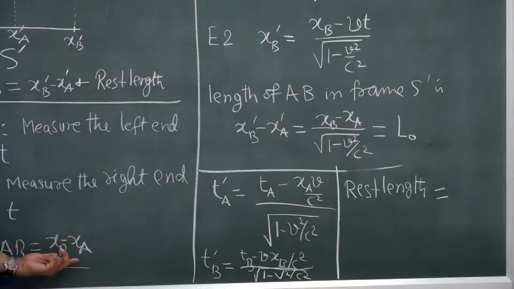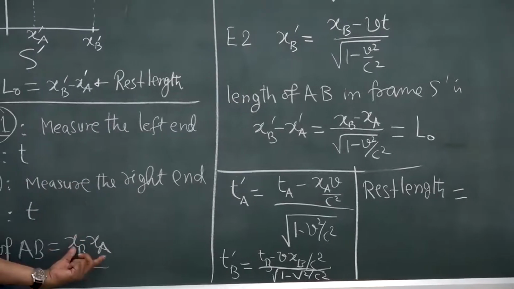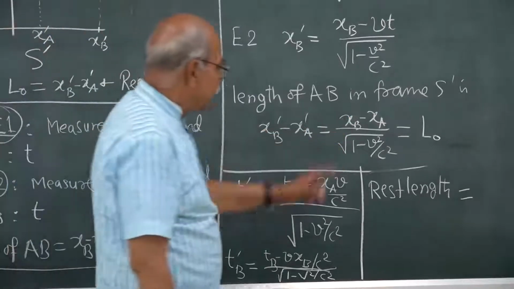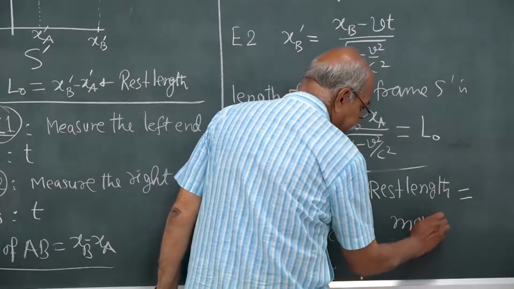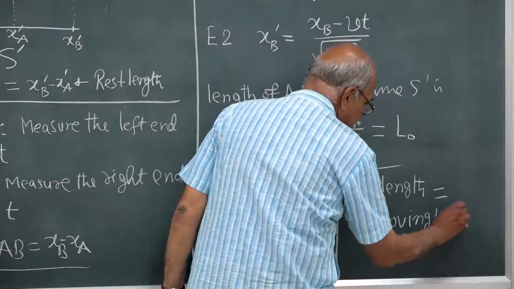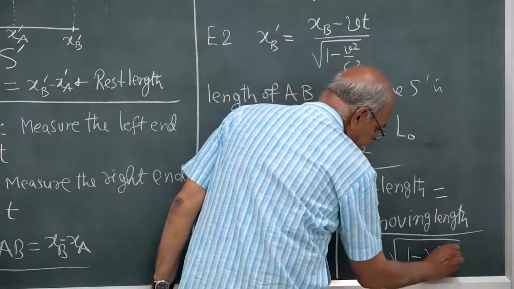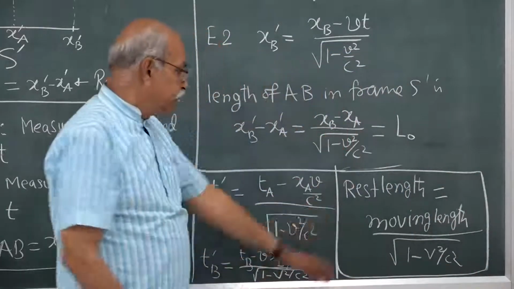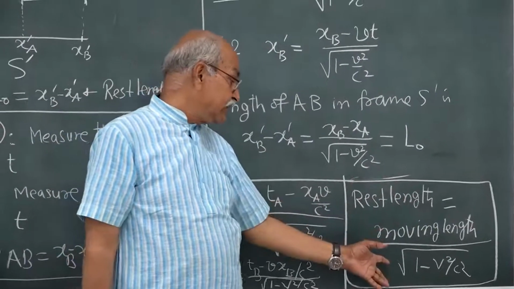Xb minus xa is the length measured from a frame in which this length was moving. So, rest length is equal to moving length divided by square root of 1 minus v square by c square. Look at this properly, we will be using this again and again.